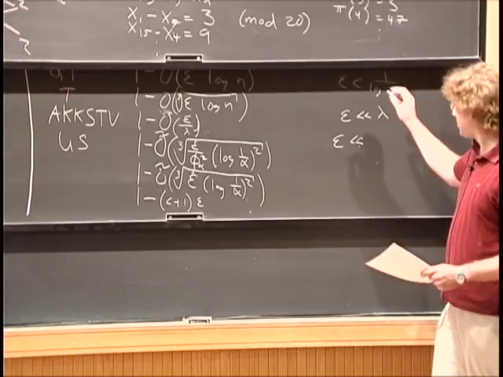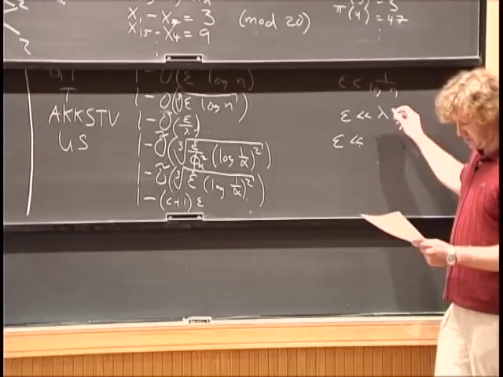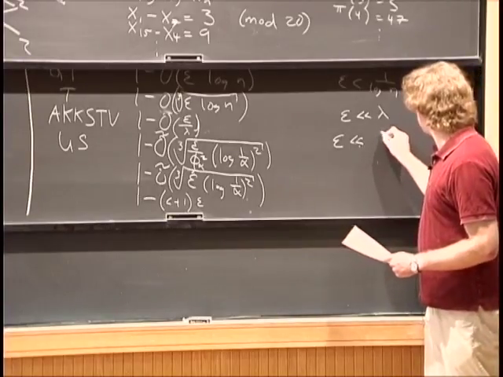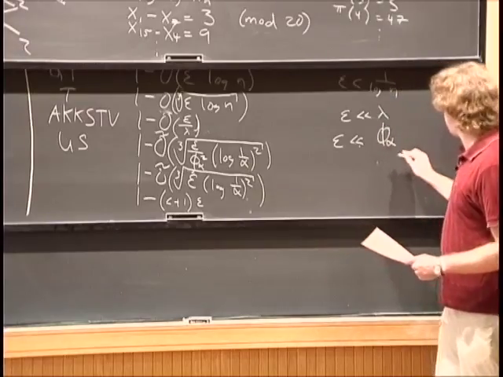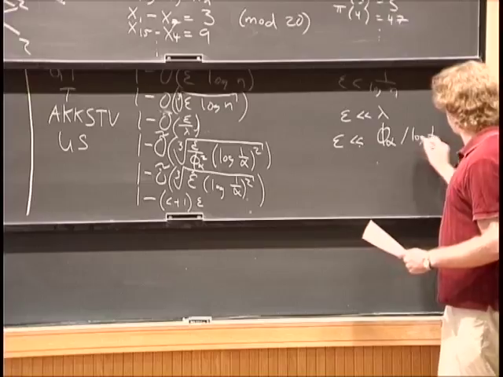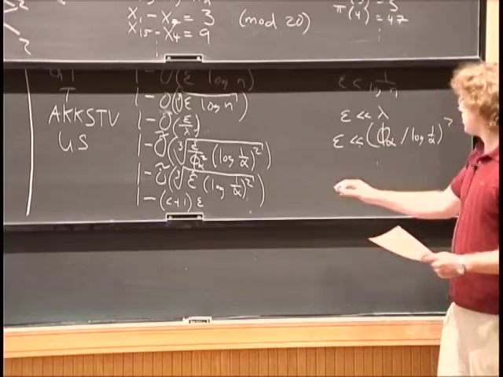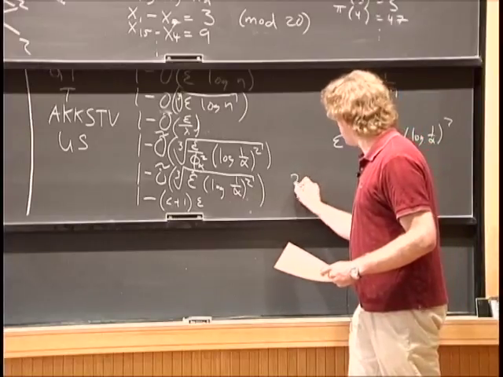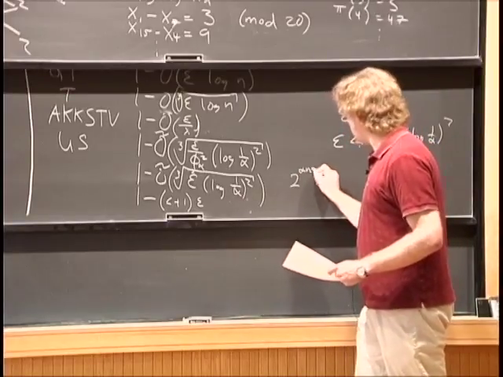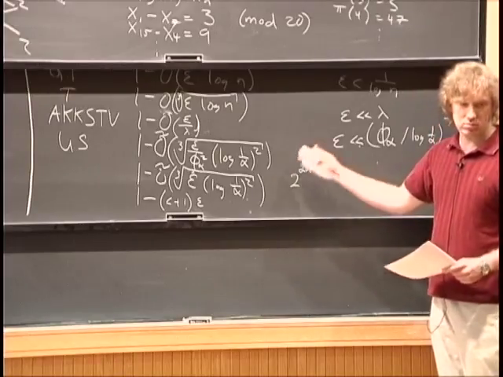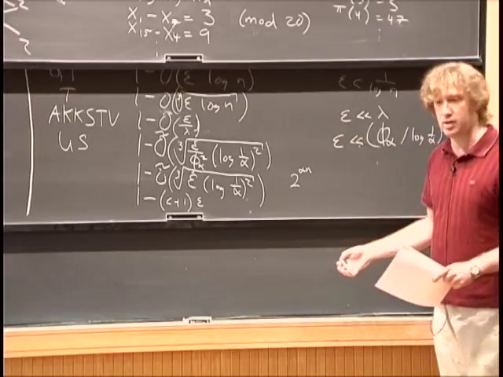So here, epsilon has to be less than phi alpha over log 1 in alpha squared. This one runs in time 2 to the alpha n times some polynomial in n.